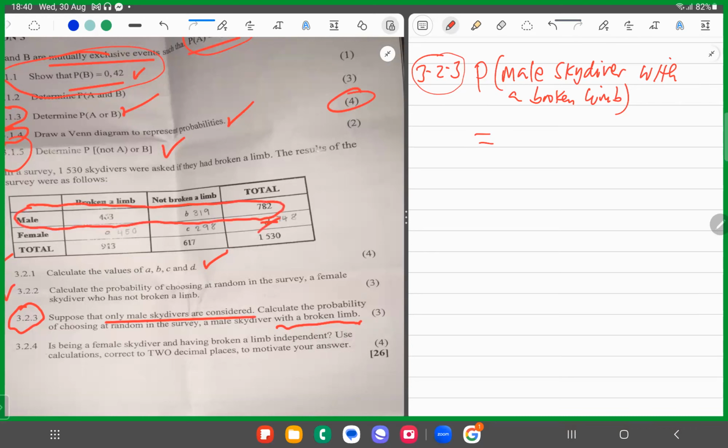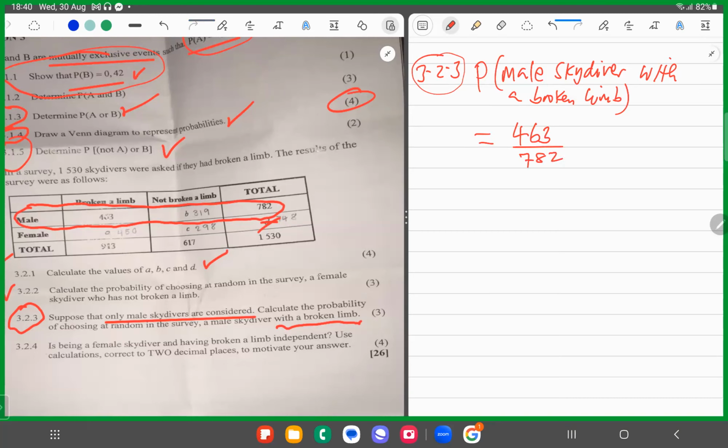So which means the probability of a skydiver, looking at only males, with a broken limb, is going to be 463 divided by 782.